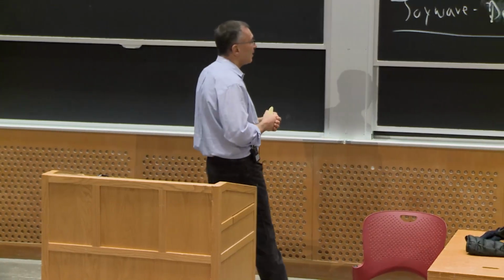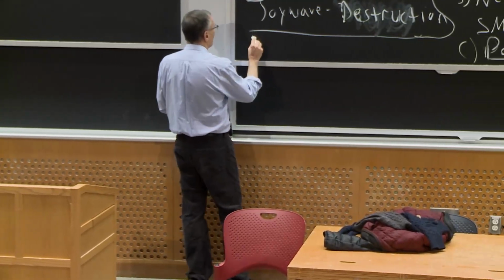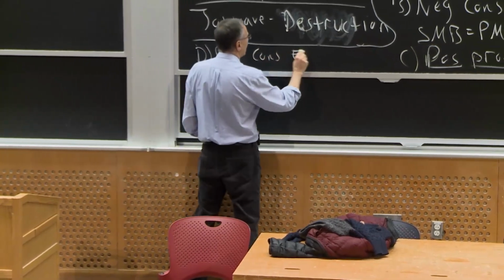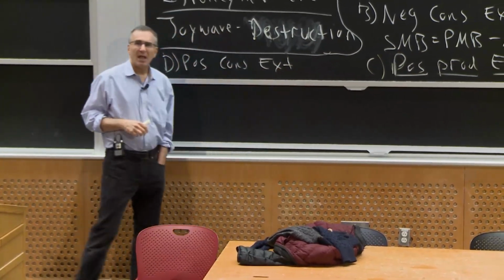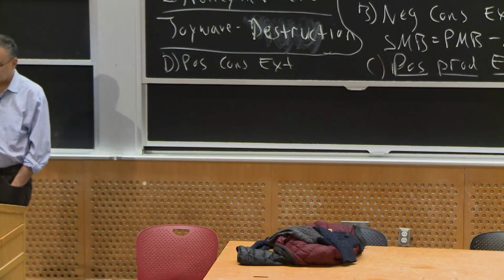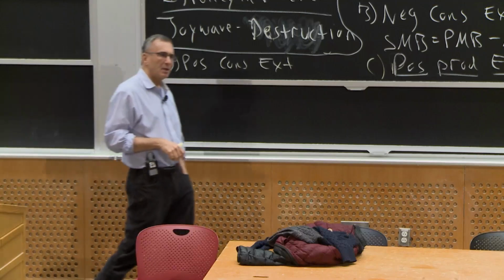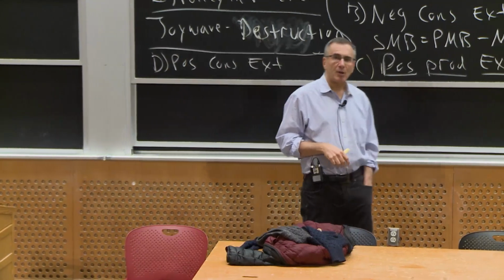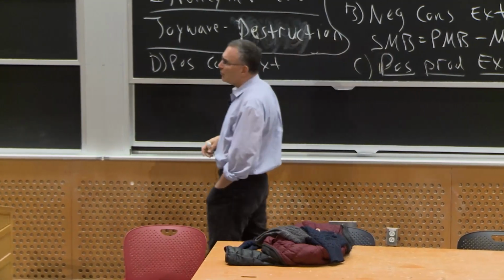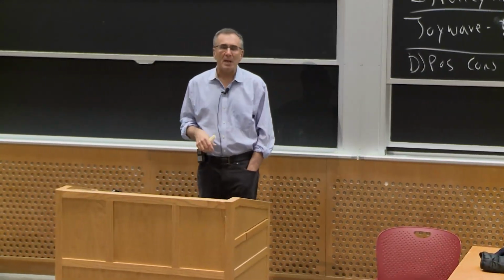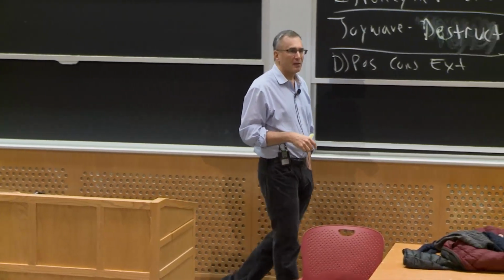Finally, we have the last example, which is a positive consumption externality. And here, let me move away from the graphs and talk about an example. I have a neighbor who I'm not fond of. I may have mentioned this before. I do not like my neighbor. Part of the reason I do not like my neighbor is my neighbor has a tendency to do big projects about halfway and then stop because he gets bored.